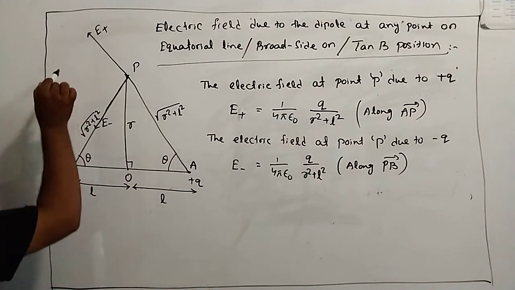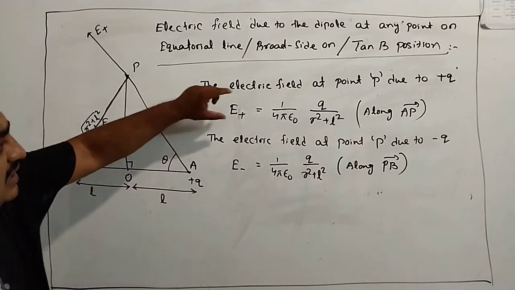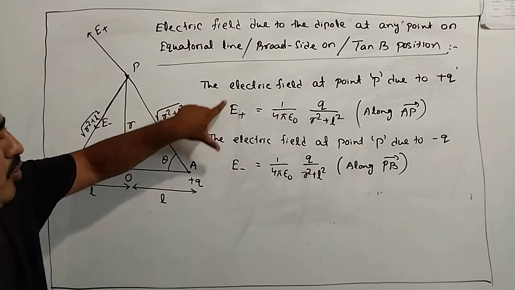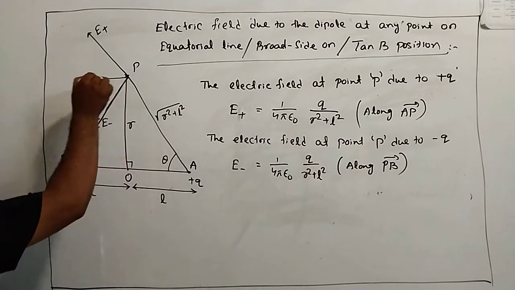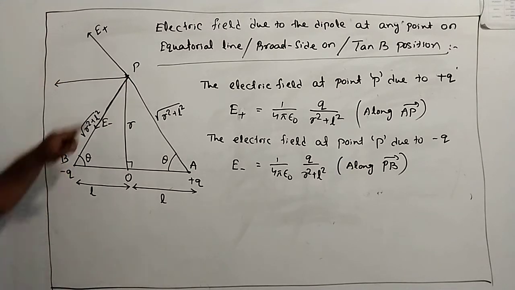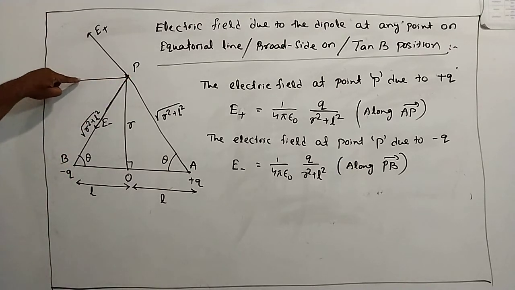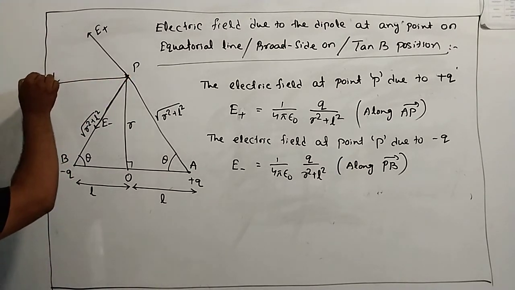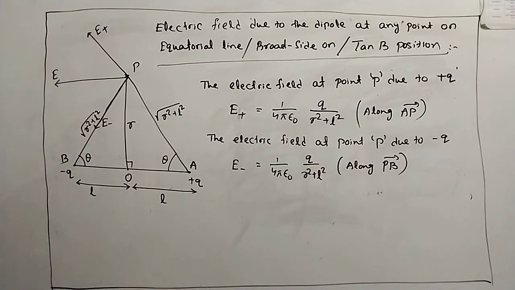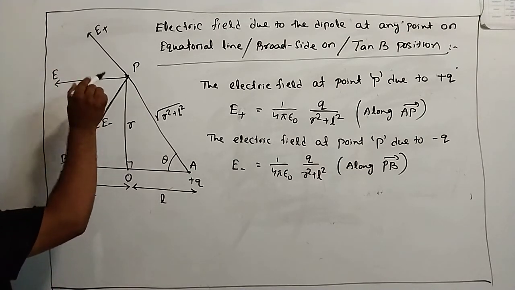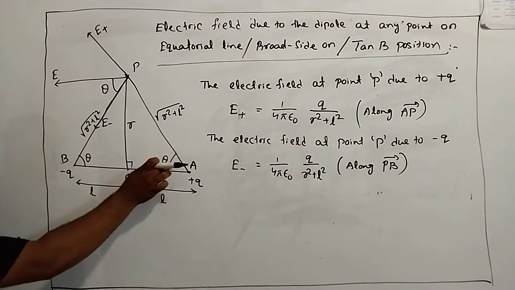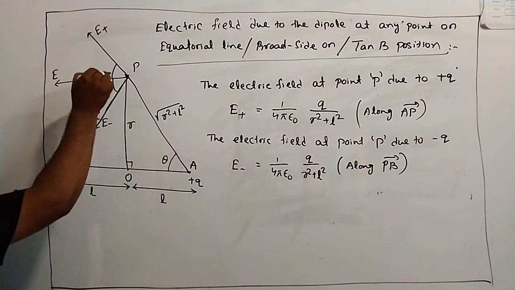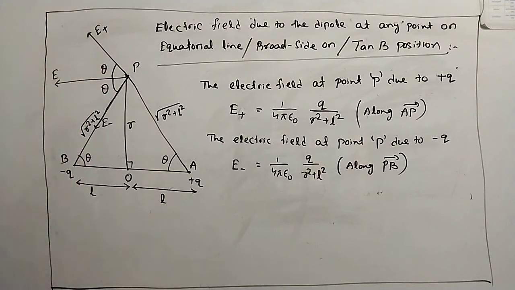Now just consider the magnitudes, both have same value, so the resultant will be along the bisector of this angle. So this will be the net electric field E. Now if this angle is theta, this angle is theta, because they are alternate angles.